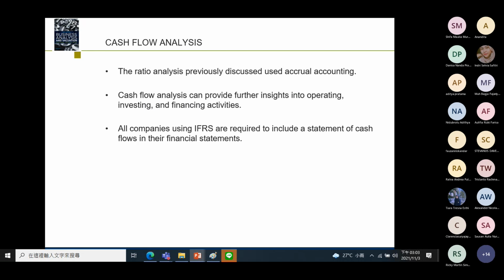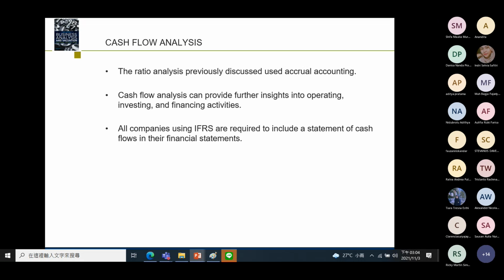Cash flow analysis also provides an indication of the quality of information in the firm's income statement and the balance sheet. As before, we will illustrate the concepts discussed in this section using HMN and its cash flows.